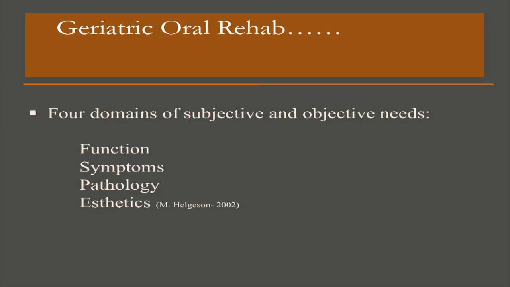As we create a treatment plan for geriatric oral rehabilitation, there are four major domains that we have to follow. They are the four domains of subjective and objective needs. Those four domains are function, symptoms, pathology, and aesthetics.